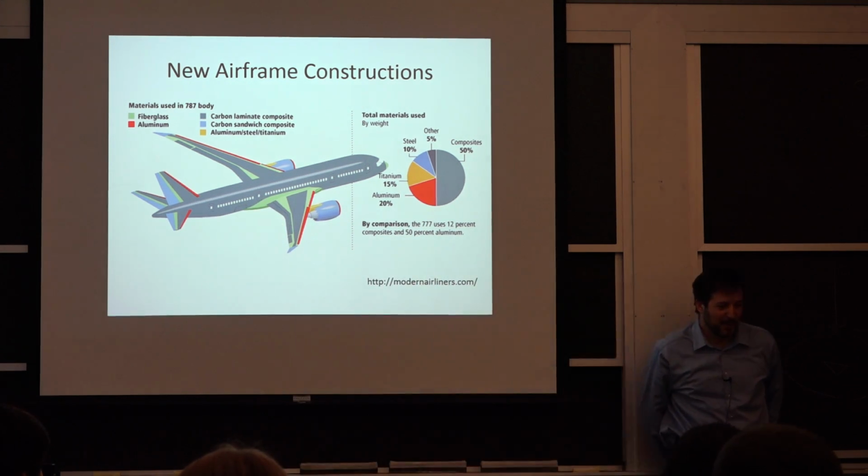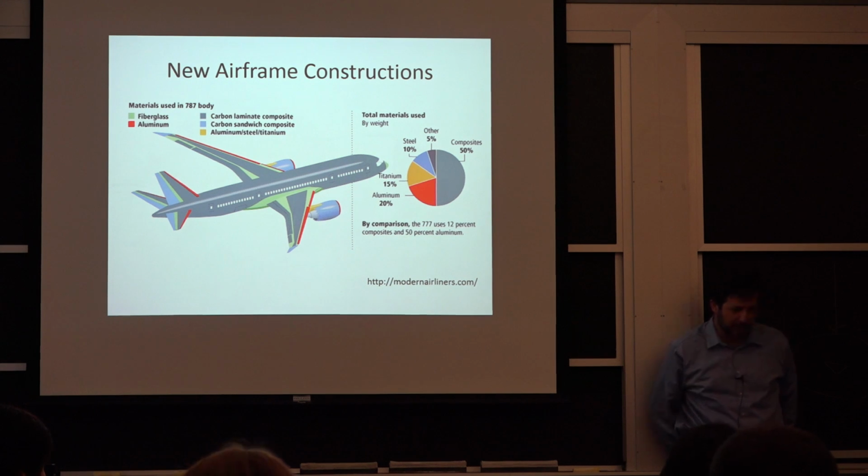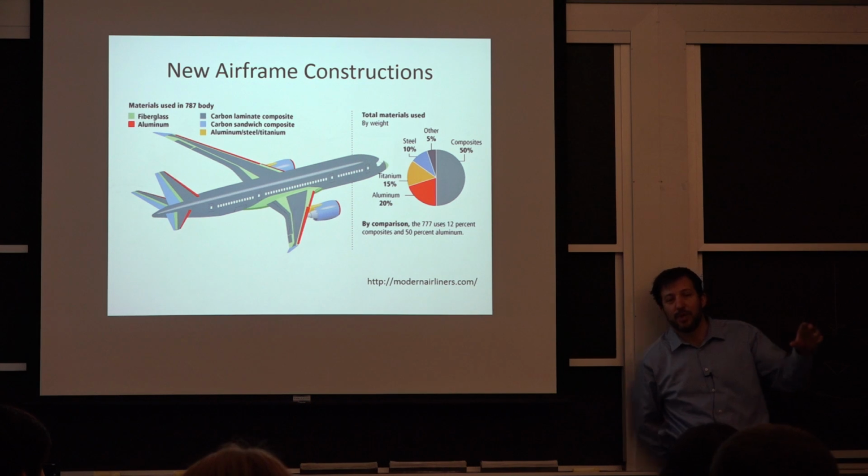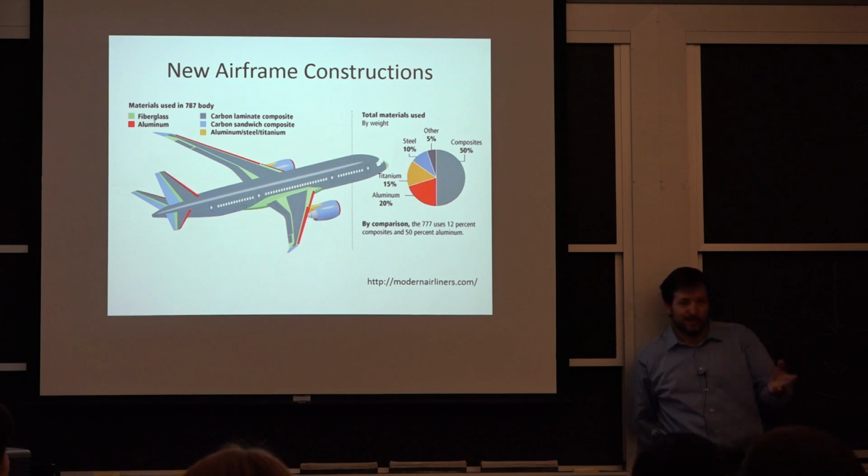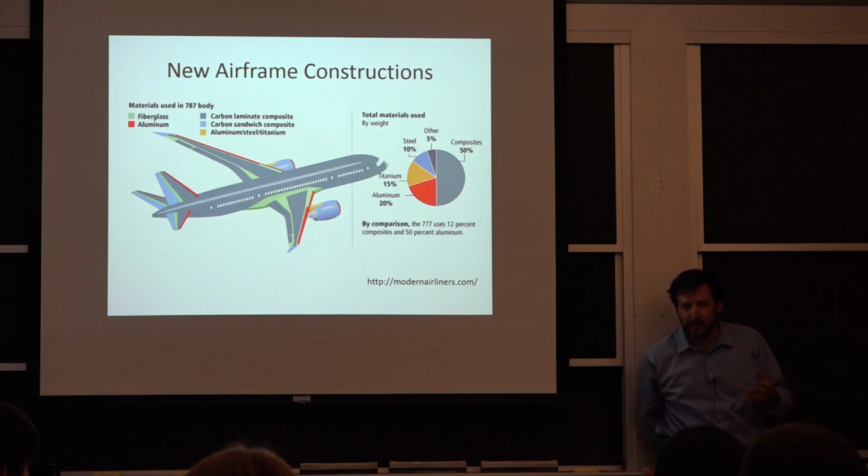But what happens a lot in commercial aircraft is the big manufacturers, Airbus and Boeing, are going to be the first ones to adopt something new because they have this competition between the two of them. They deal with the biggest aircraft, so the ones that are more expensive, and they will do the R&D if there's R&D to be done.